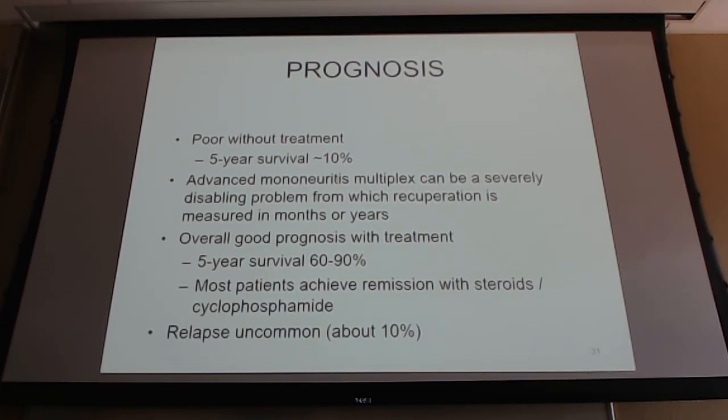Prognosis is poor without any type of treatment. They have a 10% 5-year survival rate. Advanced mononeuritis multiplex can be severely disabling, with recuperation measured in months or years. Again, we treat those comorbidities that need to be treated.